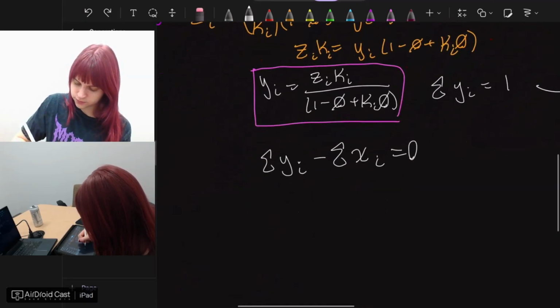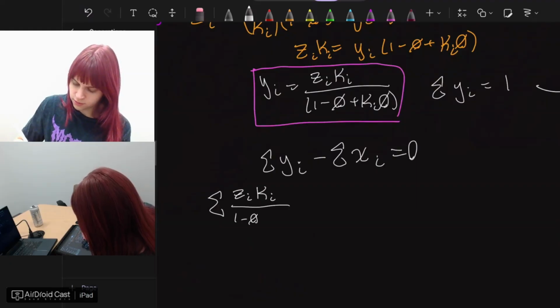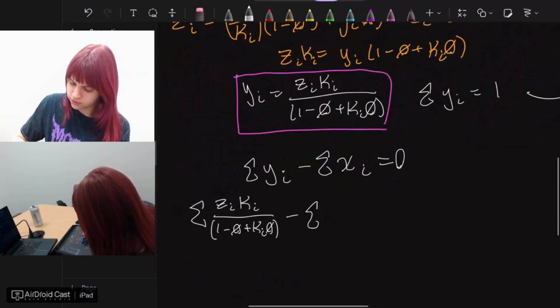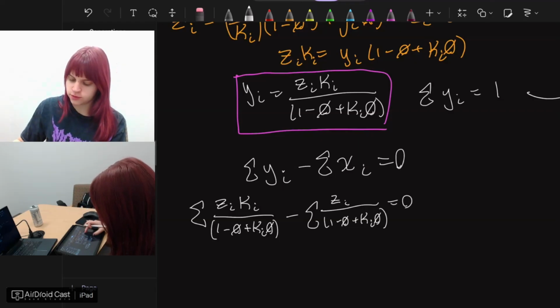So we have the summation of zi ki divided by 1 minus phi plus ki times phi. And we're subtracting the summation for xi, which was zi all over 1 minus phi plus ki phi. And that is equal to 0.